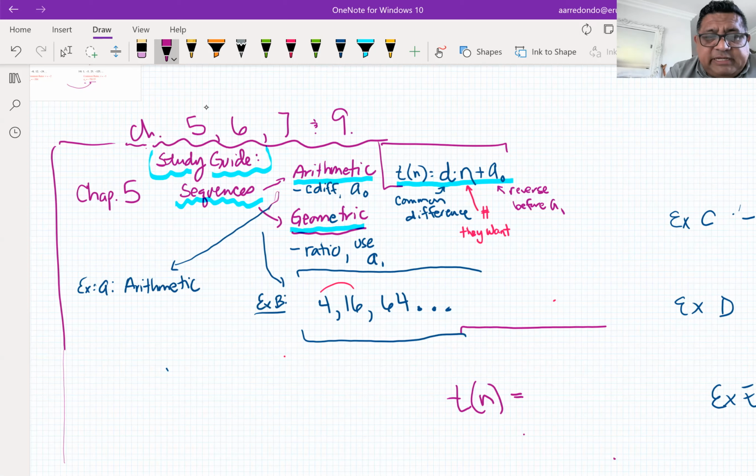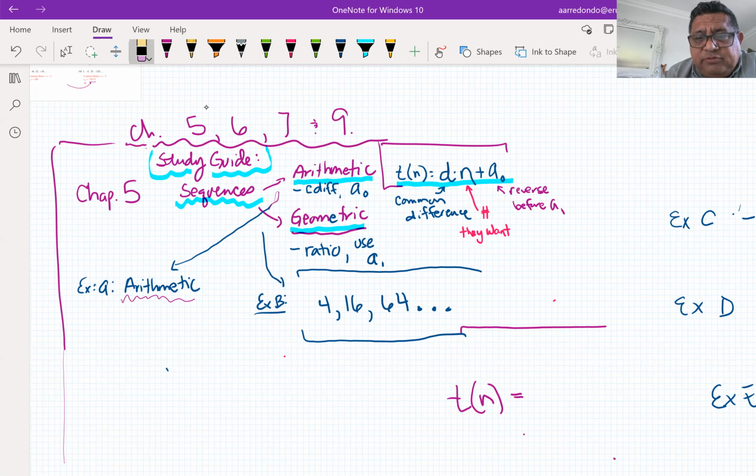We'll see another example of arithmetic, but we are now switching over to geometric. We're going to do that by looking at this one, where the sequence will be 4, 16, 64. Now that is the sequence, but let me point out some differences, everybody.